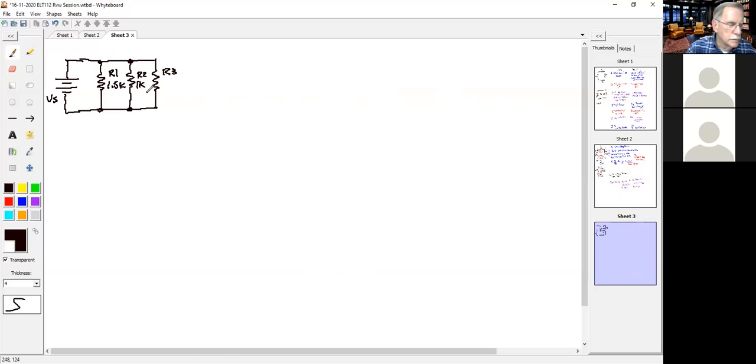Let me just do a quick calculation. All right, so before we even start, let's figure out the range for the REQ.